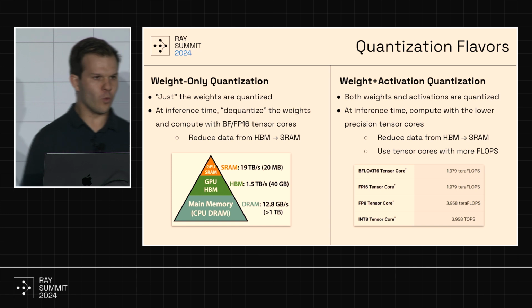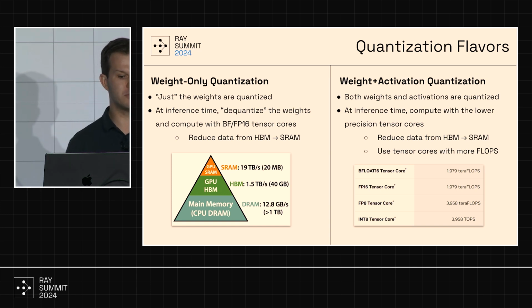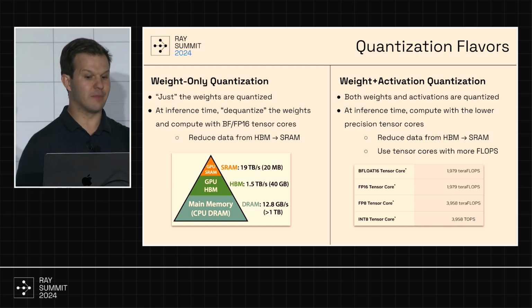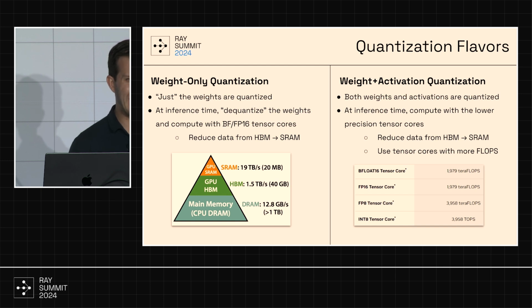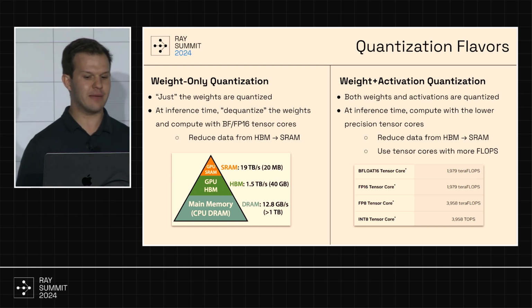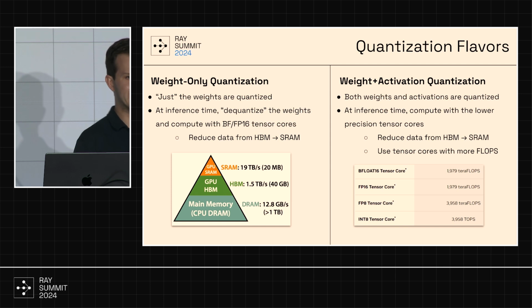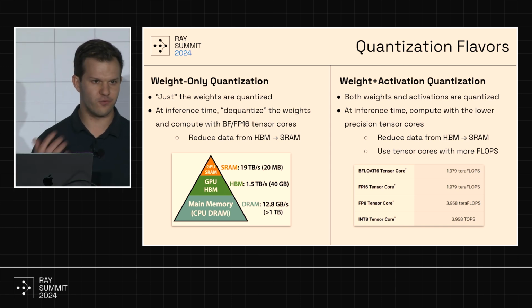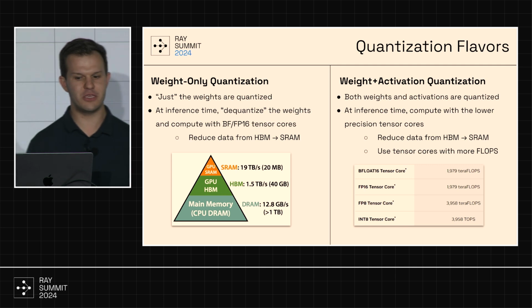Because the way that the weight-only quantization GEMMs work is that we move the data from the HBM into the SRAM compressed. So we take advantage of the reduced data movement. But to actually do the computation, we dequantize the weights in the SRAM and then use the FP16 tensor cores. So we're not actually taking advantage of the additional flops that are available on the GPU.